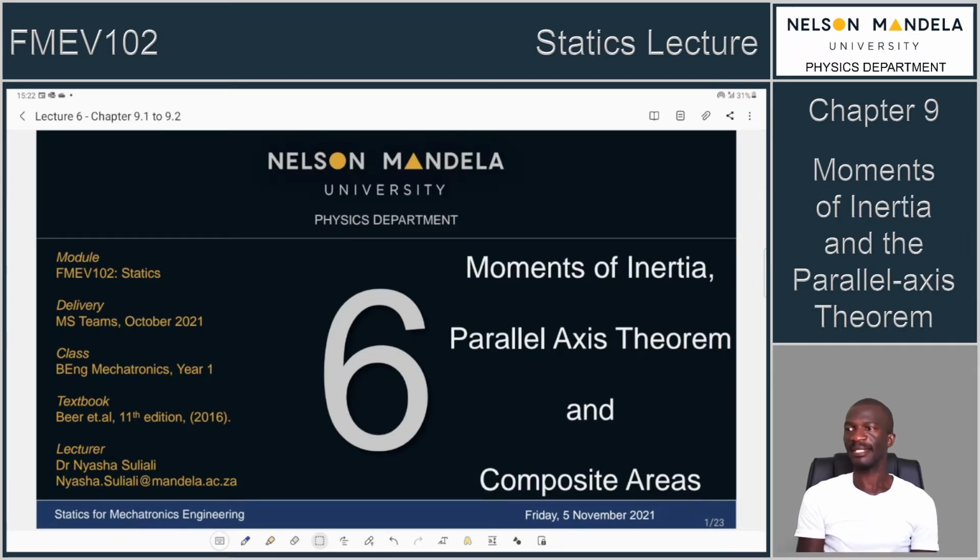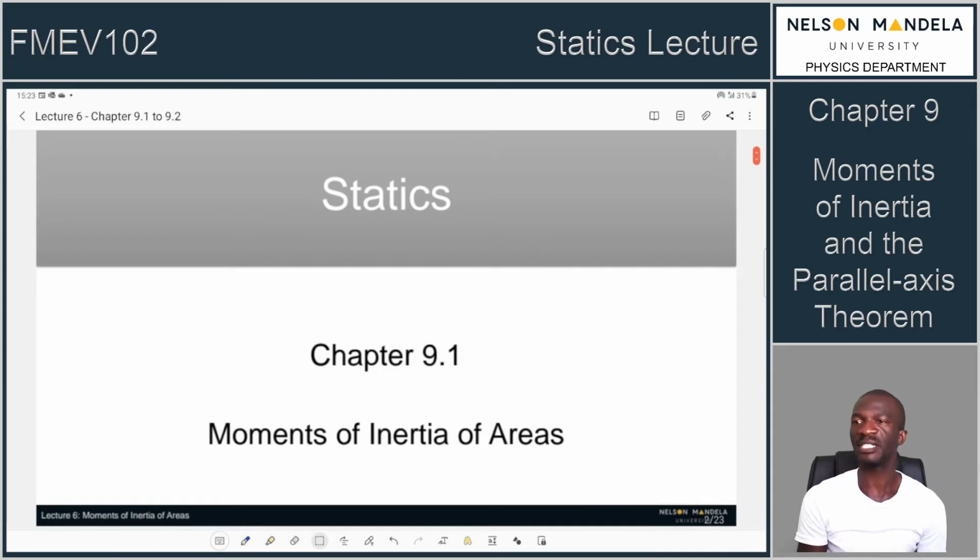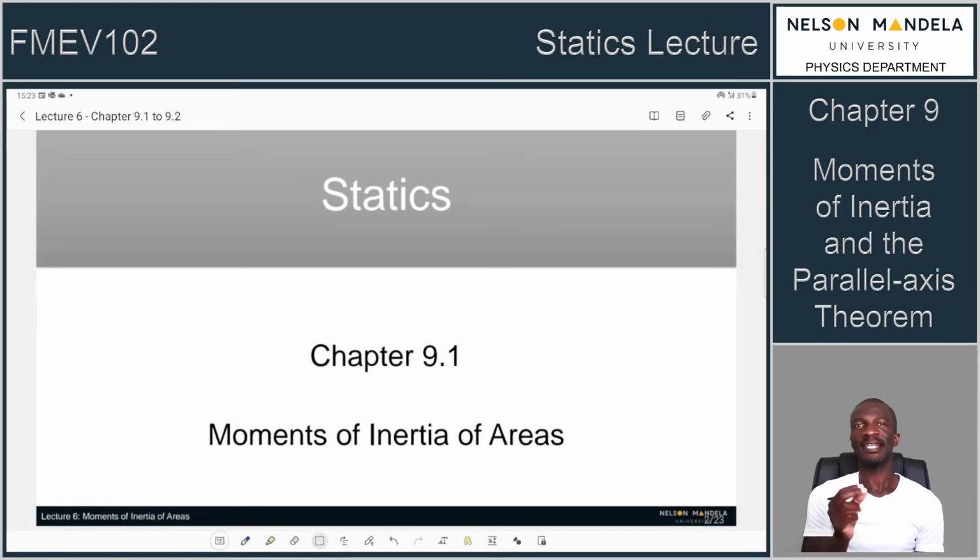In this study, we will extend the concept of the first moment into a moment defined as the second moment. The second moment is what is termed the moment of inertia, even though that term is mostly applied when we have masses. So let's get to the definition of the moment of inertia of areas, which is the second moment.